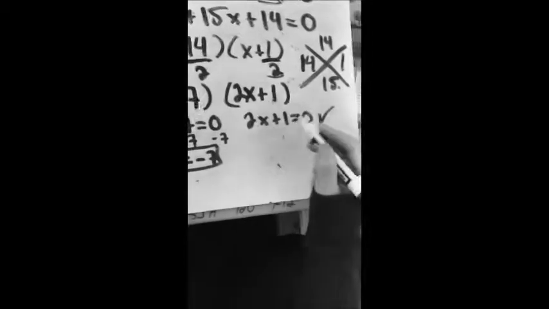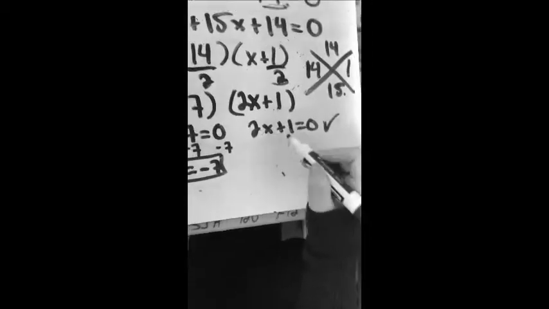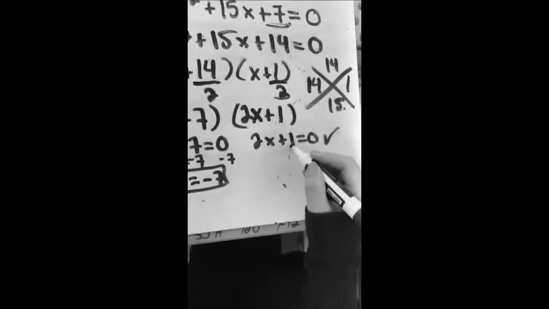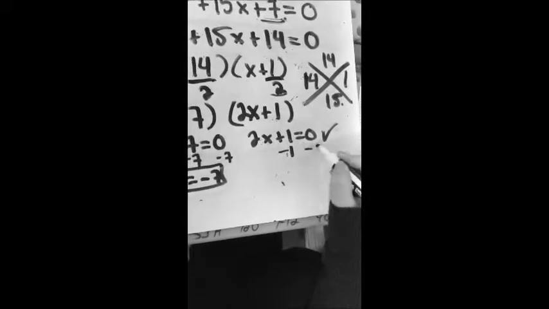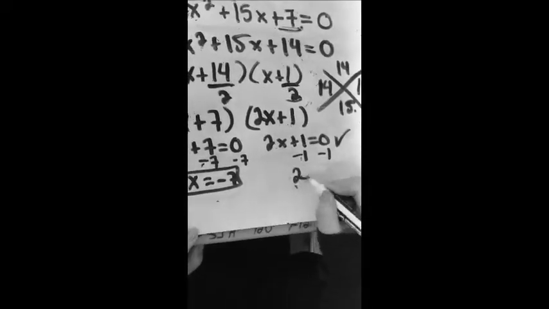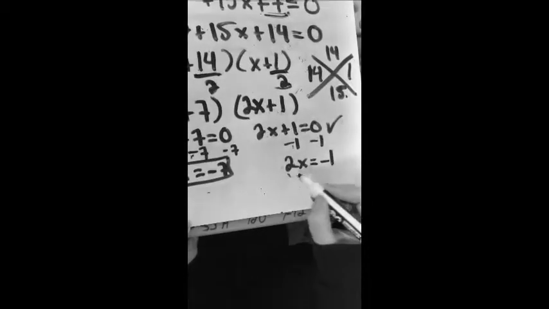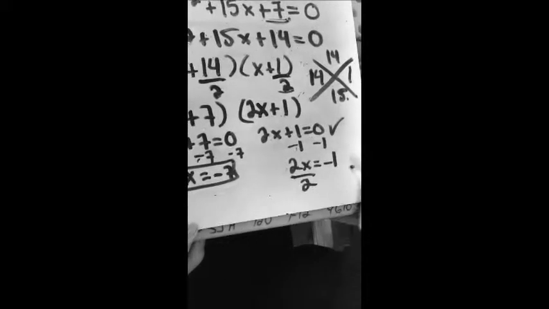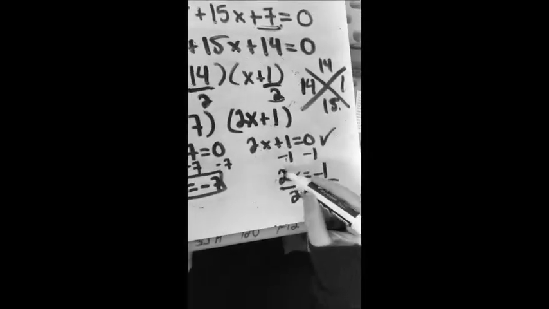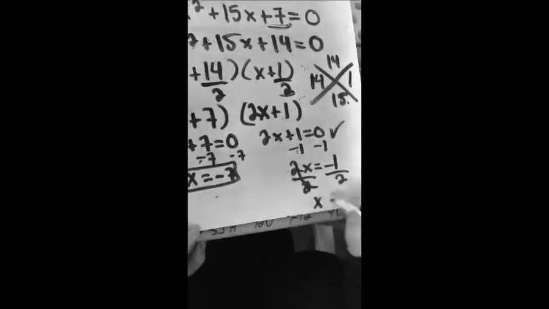That's the first answer. On the second one, we have to solve for x as well by subtracting 1 from both sides, and it will give us 2x equals -1. Then we have to divide by 2, and the answer will be x equals -1/2.